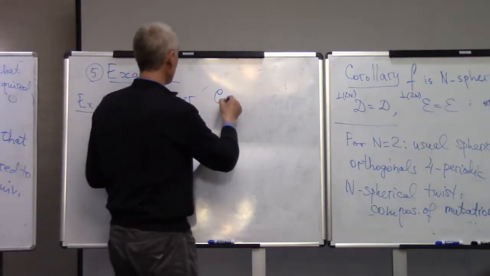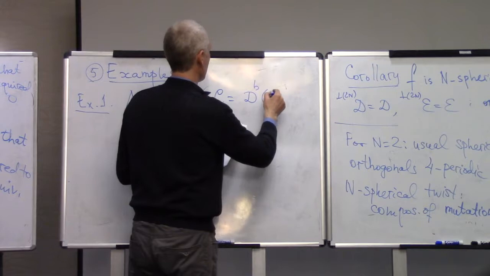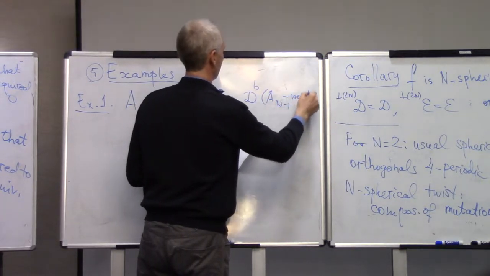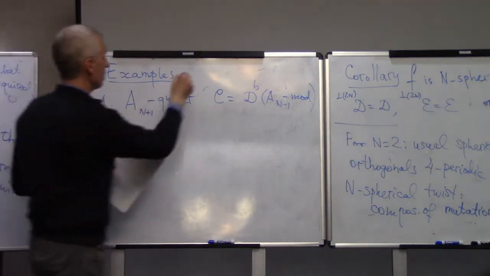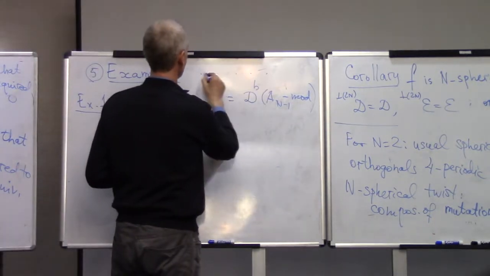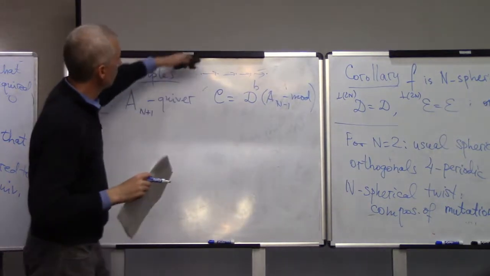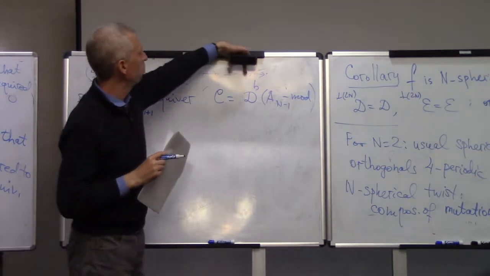So the category C would be the derived category of A_{n-1} quiver representations. It has a semi-orthogonal decomposition because it's a quiver, into subcategories corresponding to quivers sitting at one point only.